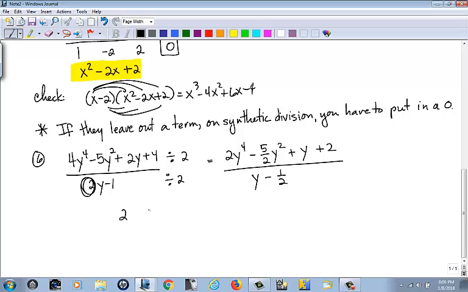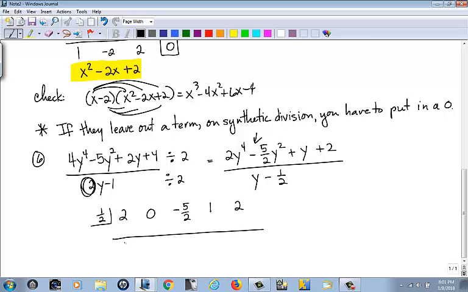On synthetic you have to put in that 0 term, and then minus 5 halves y squared, 1y, and then 2. So you've got 2y to the fourth, 0y cubed, because there is no y cubed term in here, minus 5 halves y squared plus 1y plus 2, and you're going to divide by positive 1/2. If it were y plus 1/2, then you'd divide by negative 1/2.